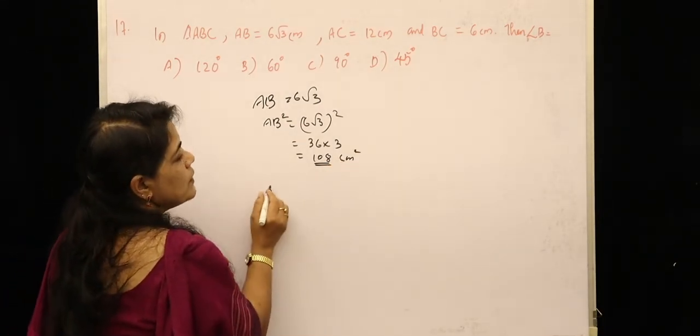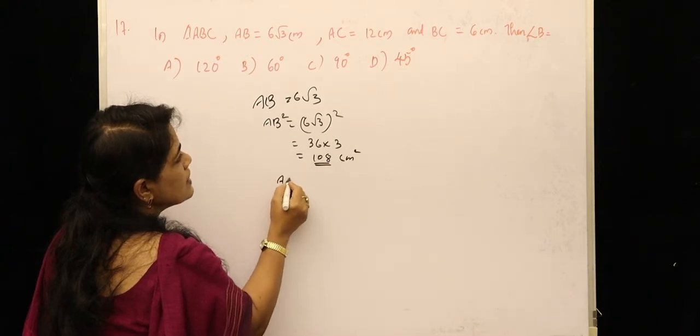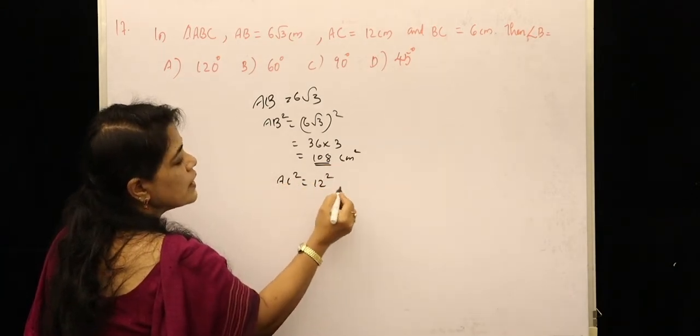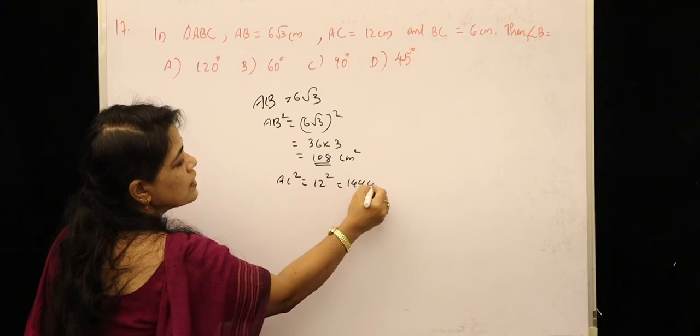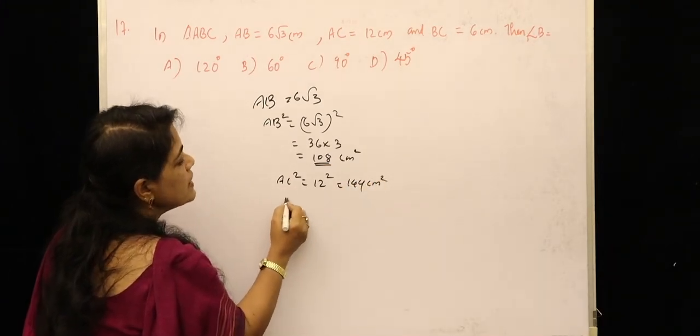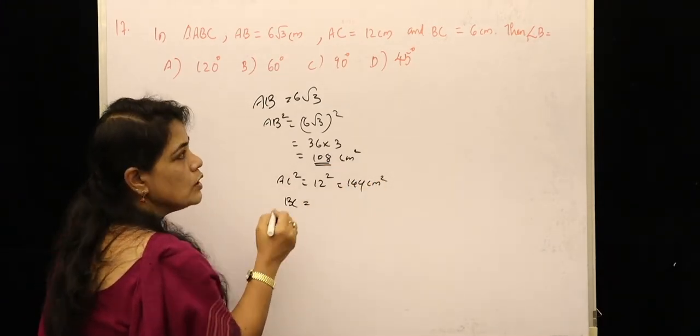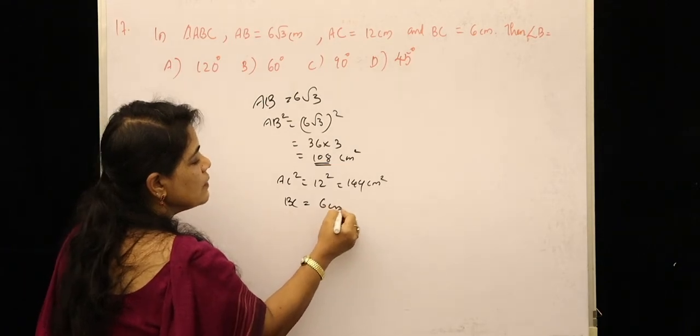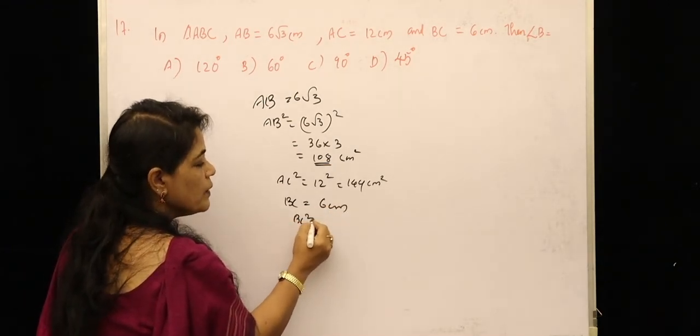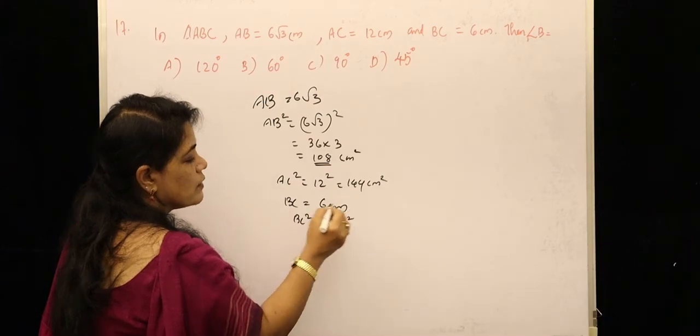This is AB square. Then AC square is equal to 12 square and that is 144 centimeter square. And BC is given as 6 centimeter, so BC square will be 36 centimeter square.